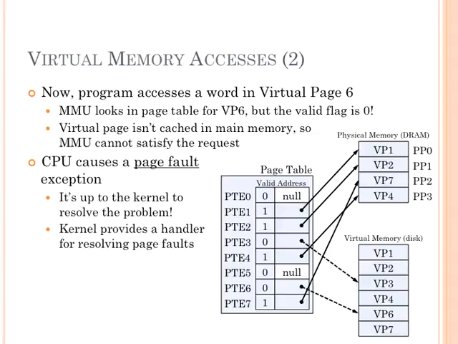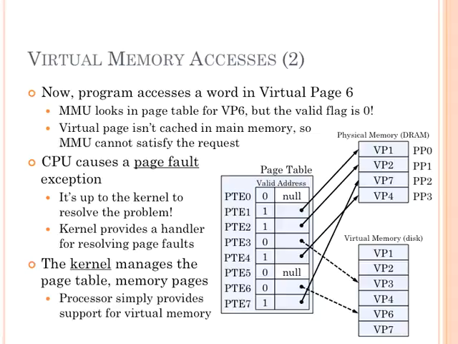There's several different kinds of faults, and this will actually become really important, so we'll try to spell this all out really clearly. But in this scenario, we get a page fault because a memory access was against a page that's not currently in memory. So the kernel has to provide a fault handler. And like I say here, the kernel is the thing that manages the page table and these memory pages.